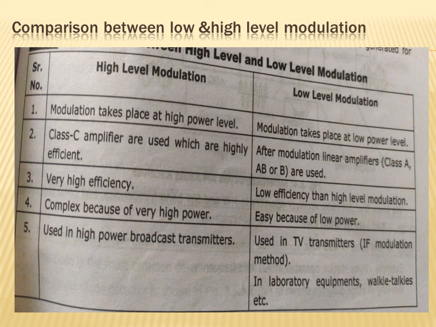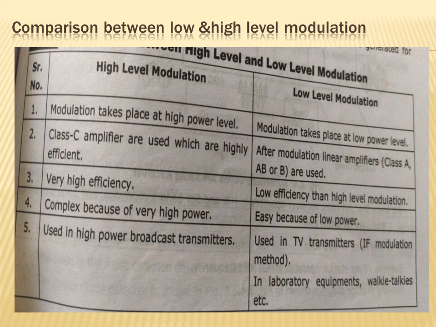In high level modulation, class C amplifiers are used, which are highly efficient. In low level modulation, after modulation, linear amplifiers, that is class A or B, are used. Next, the efficiency of high level modulation is very high, while low level modulation has lower efficiency than high level modulation.